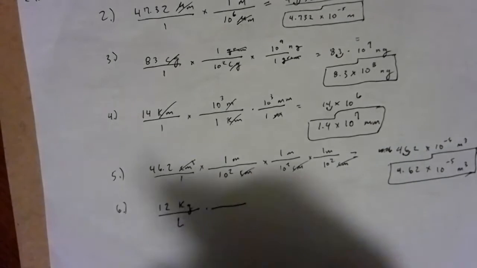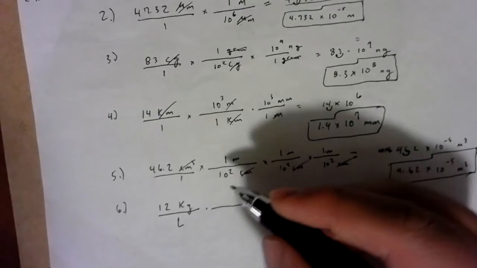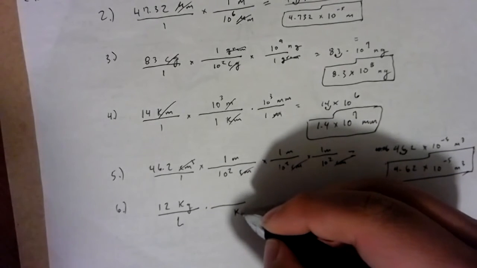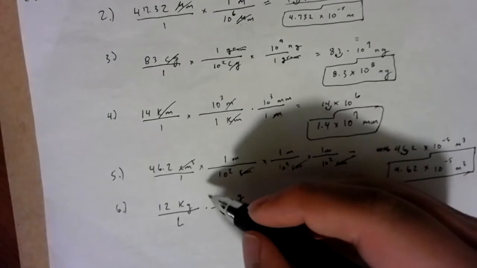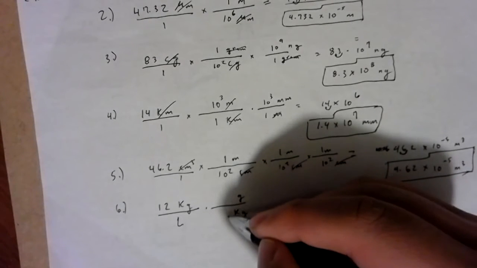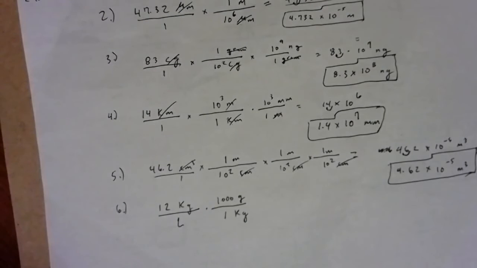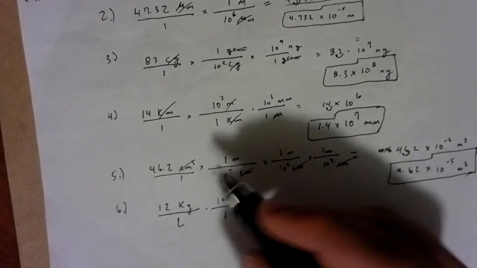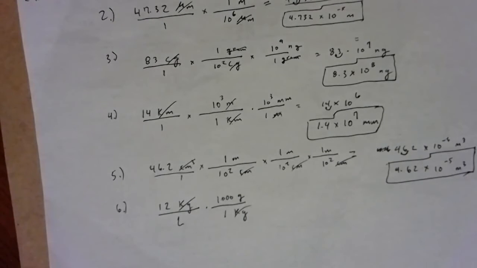So I'll do kilograms. We want to go from kilograms to grams, so that means we want to write kilograms here, grams on the top, and then we know how many grams in 1 kilogram. 1,000. That's per kilogram. And then this cancels out the kilograms. And now we're in grams, so we're good for the mass part.